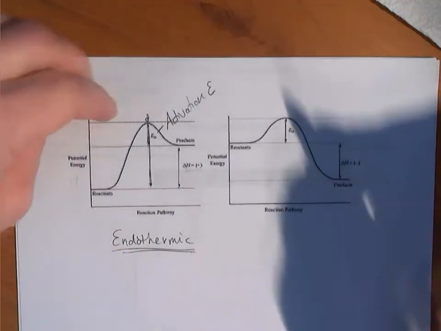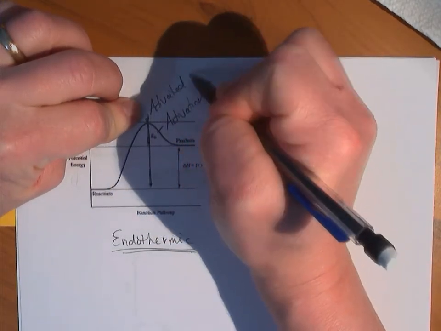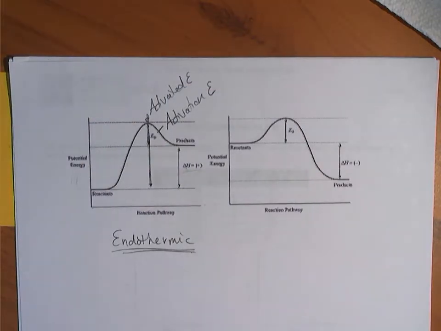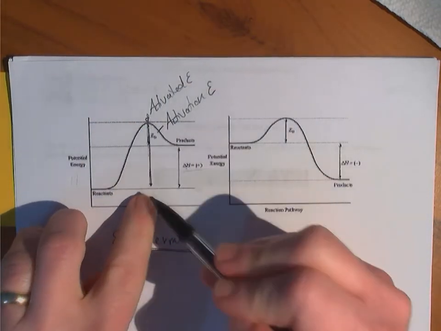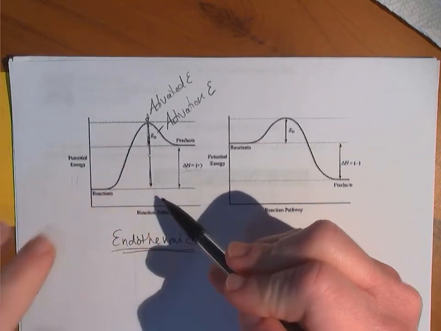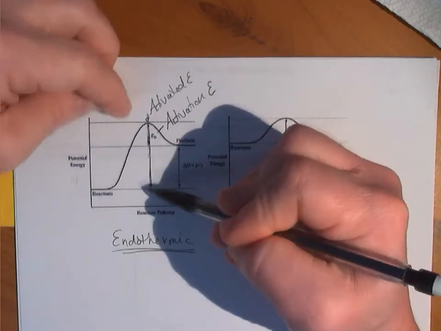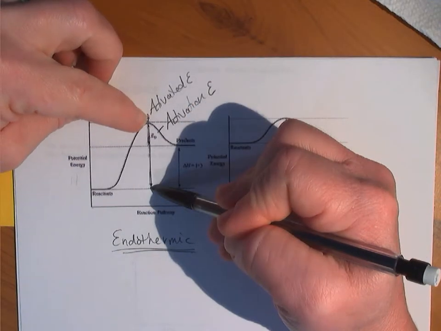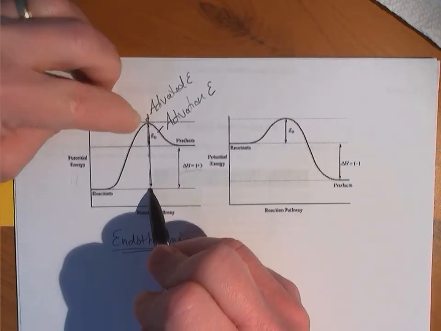We theorize that there's an activated complex, this in-between species that's of high energy. That is why we have to invest energy to get every reaction to start. There's always some kind of activation energy. So what we have to invest is from the reactant energy to the top of this peak.